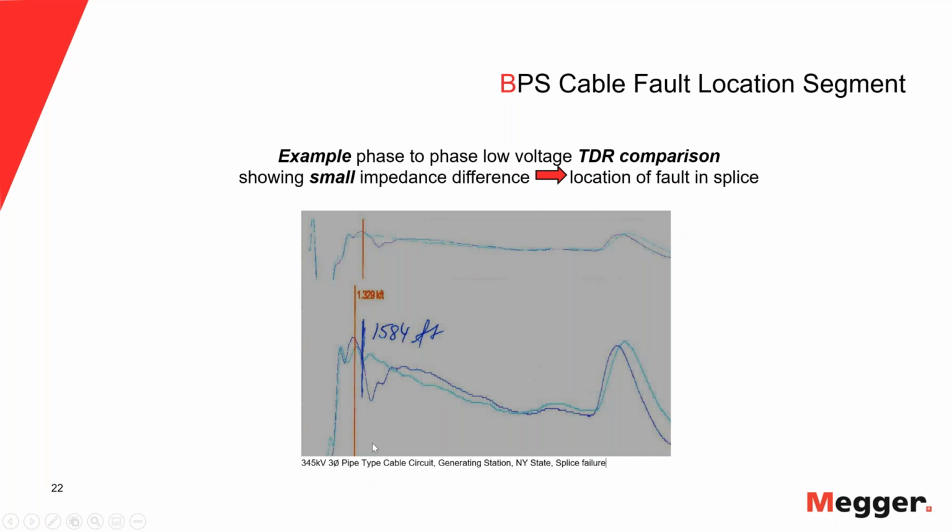Okay, this was a 345 kV pipe type cable out of a power station, generating station, and the pipe type is filled with oil, 3 phases in the steel pipe, filled with oil under pressure. It had failed, and I tried many different things and couldn't really make ends meet, and then I said, okay, let me do the phase comparison.